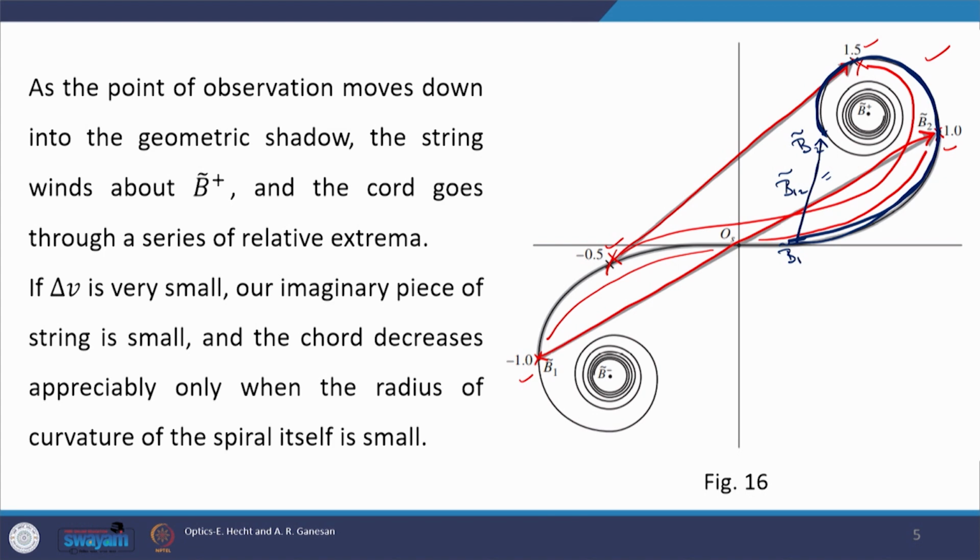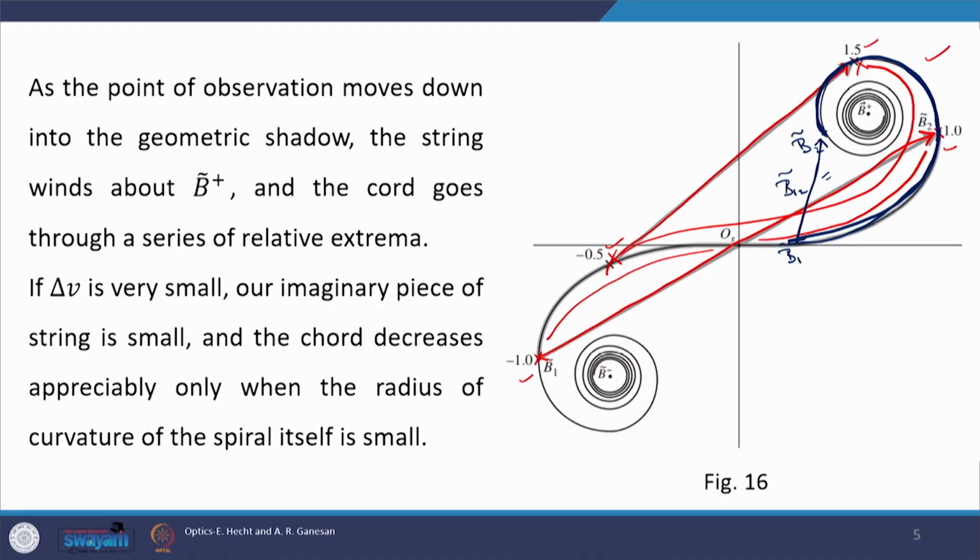The delta V or this curve, it will spiral around which point? Spiral around this point B tilde positive. Okay. And what we will see is that the irradiance will go through several extrema, several maxima and minima, and it will slowly decay down.